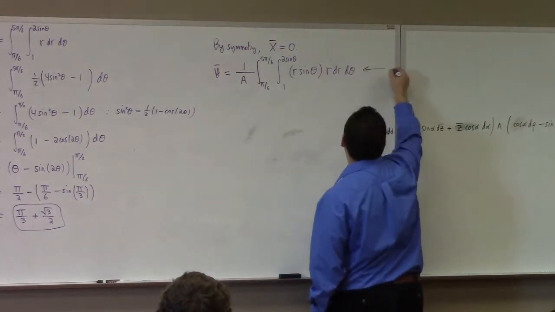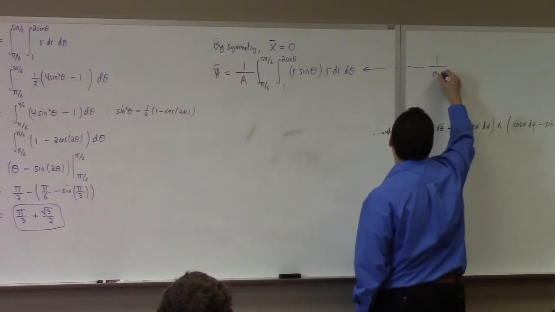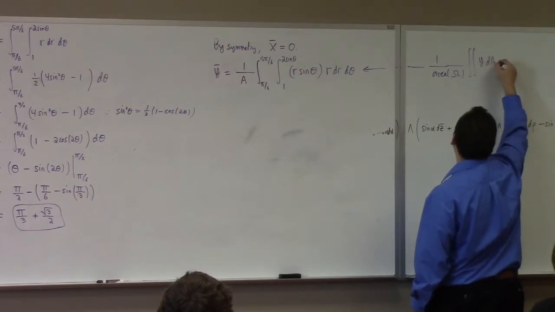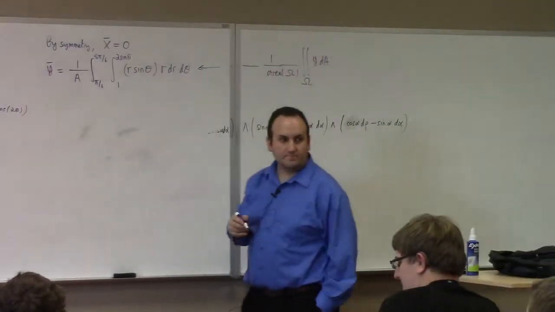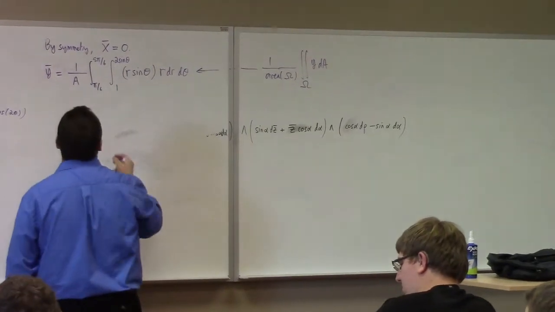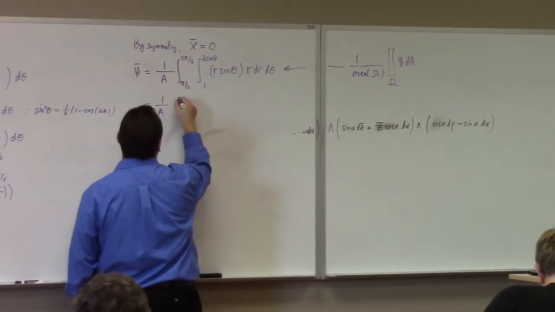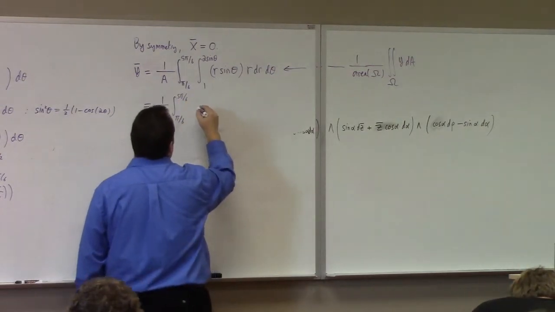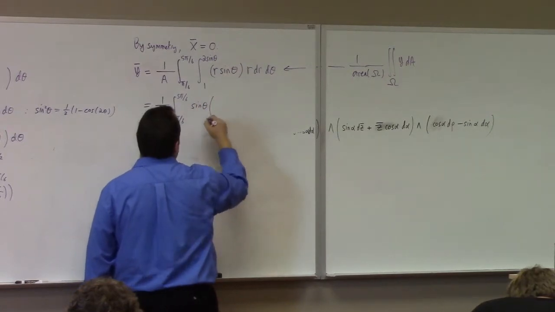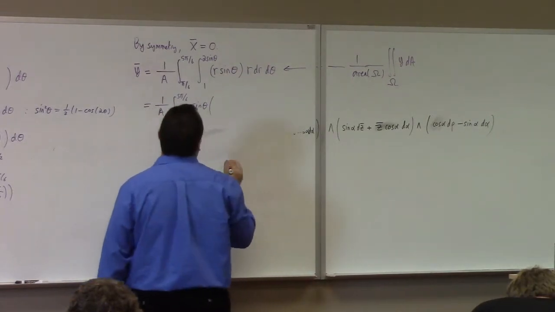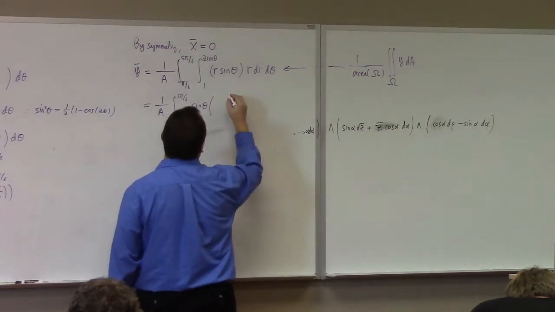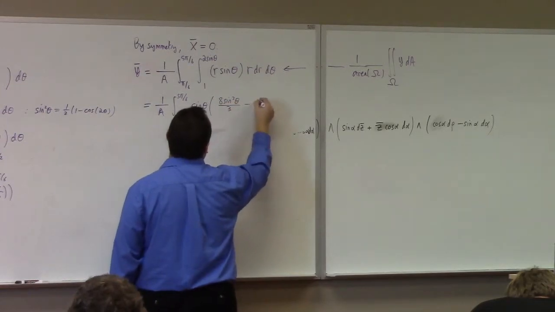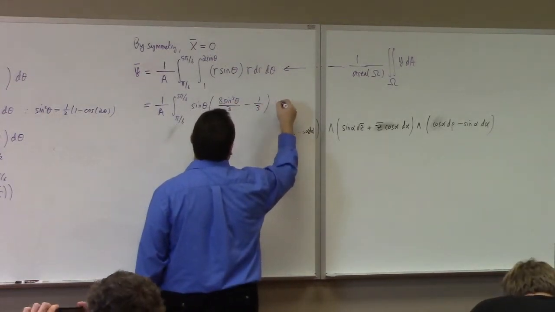Schematically, it's 1 over the area of omega times the double integral of y dA over the region. So that's 1 over a, integral from pi over 6 to 5 pi over 6 of sine theta, and then r squared dr, which gives me 8 sine cubed theta over 3 minus 1/3 d theta.